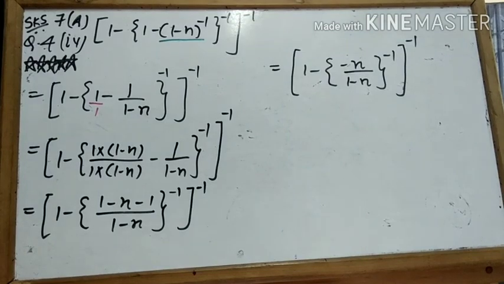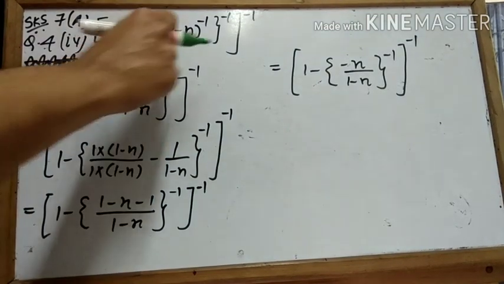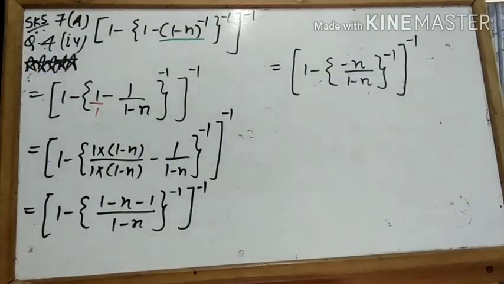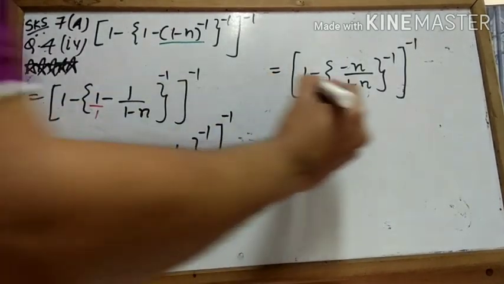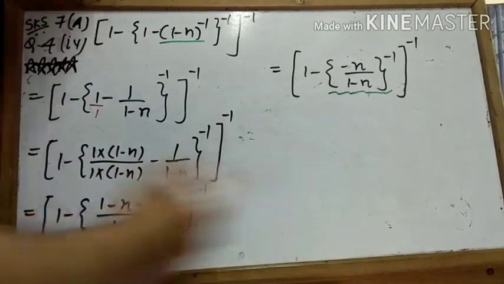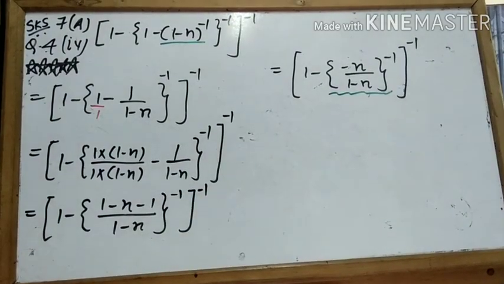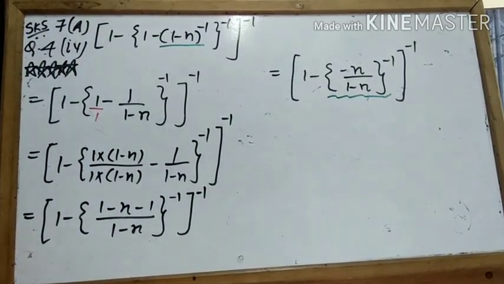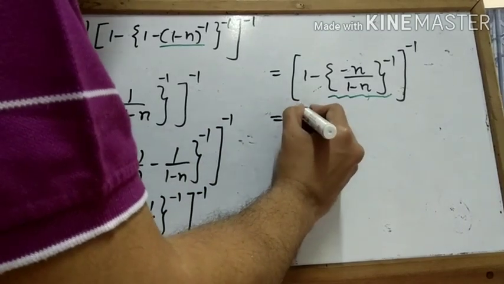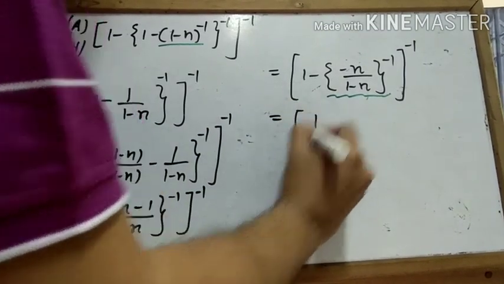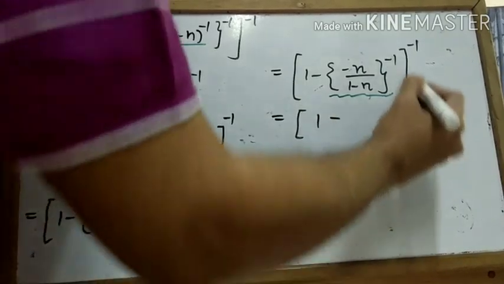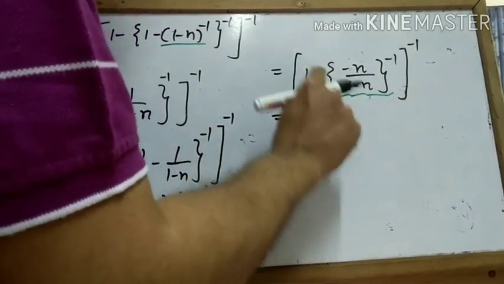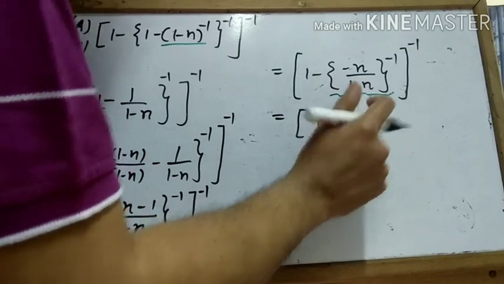Now, if you remember, I told you we have to operate the round bracket first. The round bracket has been operated. Now the bigger bracket than the round bracket is the curl bracket. So I have to talk about the curl bracket whole raised to negative 1. So what will happen to this is square bracket 1 minus of minus will be plus.